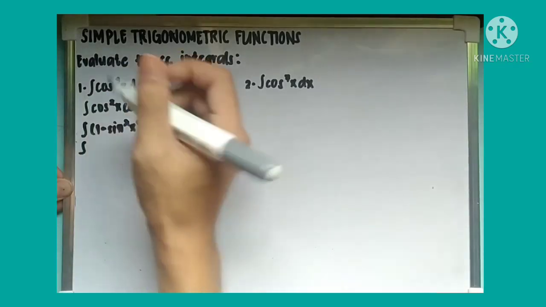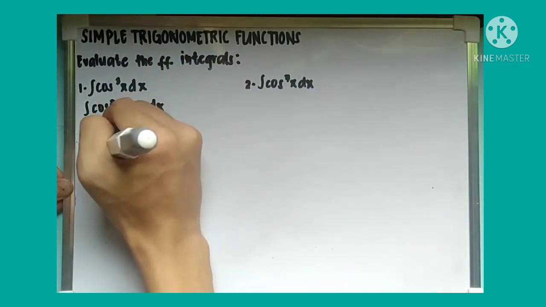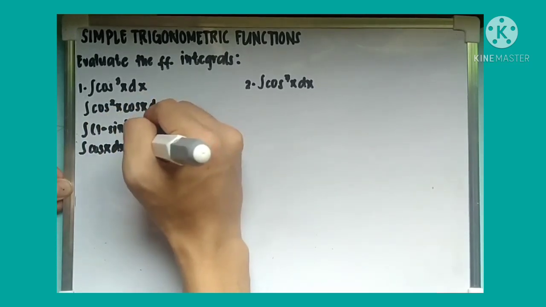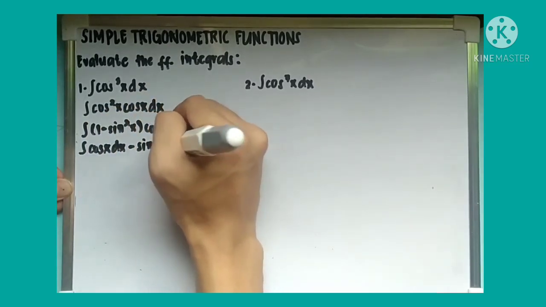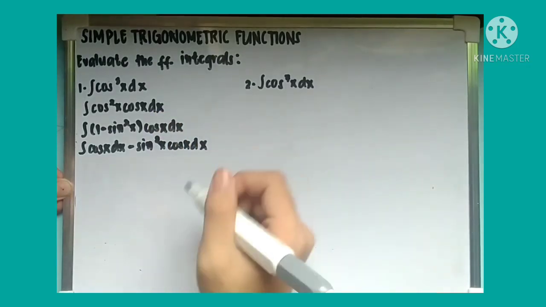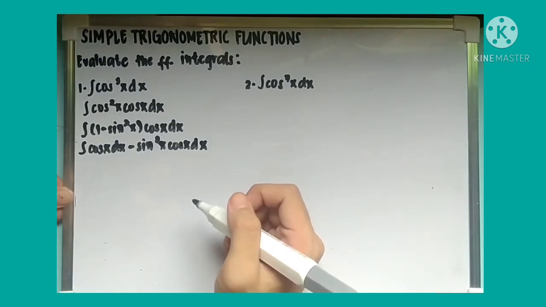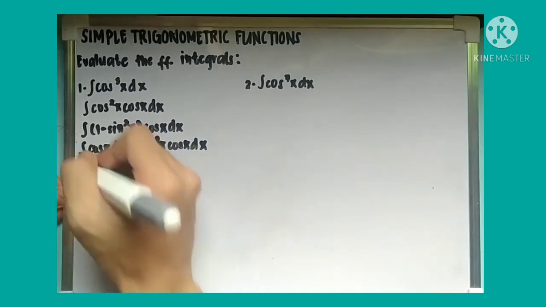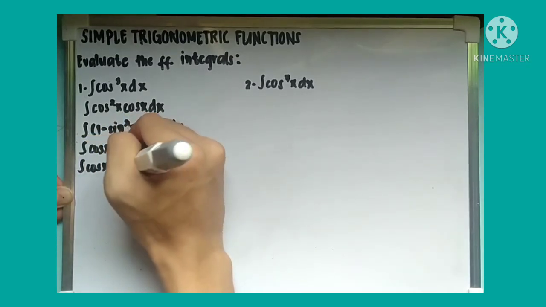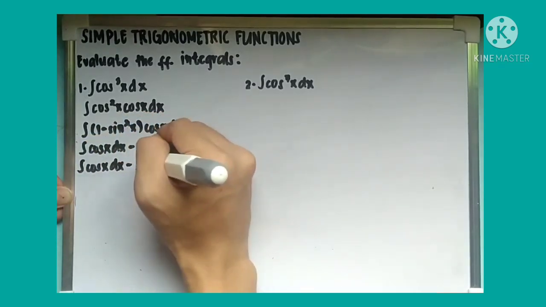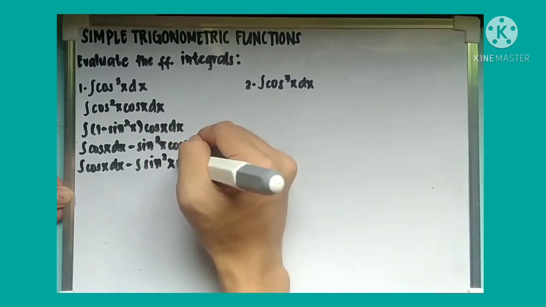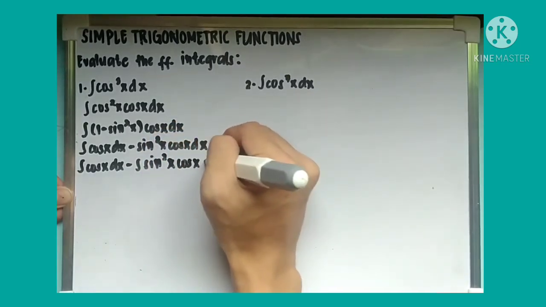So magiging the integral of cos x dx minus sine squared x cos x dx. And then next natin gagawin is isi-separate natin sila. So we have the integral of cos x dx minus the integral of sine squared x times cos x dx.